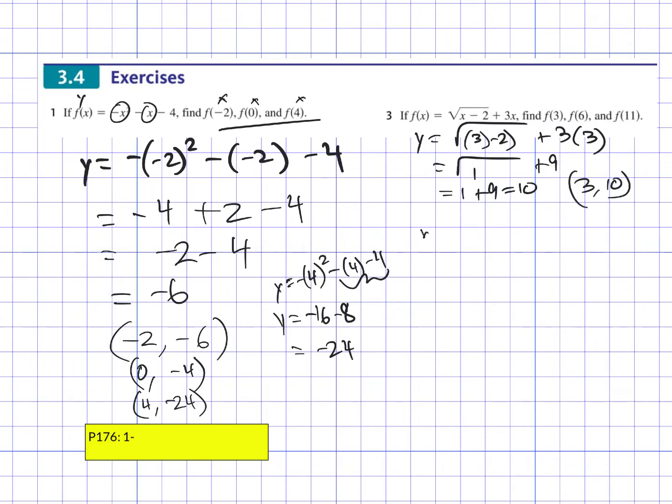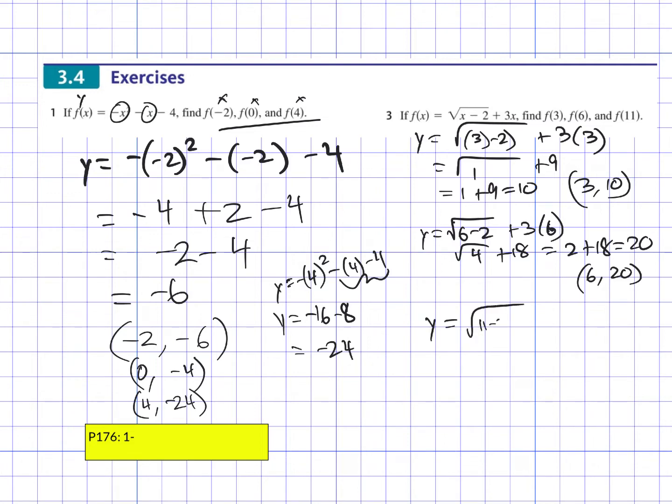Next, 6. y equals the square root of 6 minus 2 plus 3 times 6. And that's the square root of 4 plus 18, which is 2 plus 18, which is 20. So when x is 6, y is 20. And the last one, 11. Square root of 11 minus 2 plus 3 times 11.